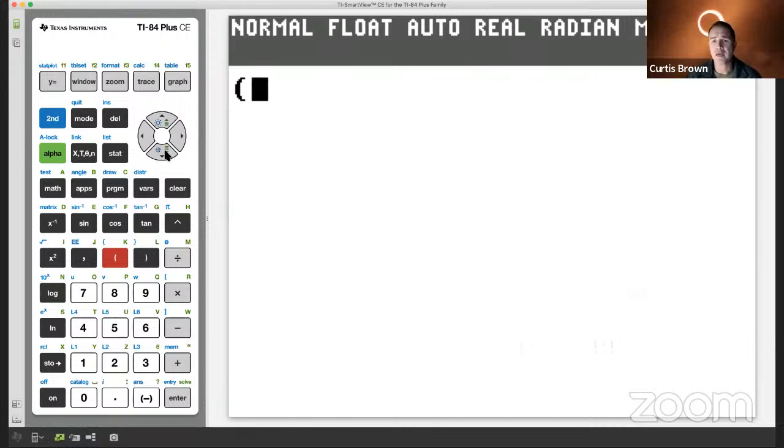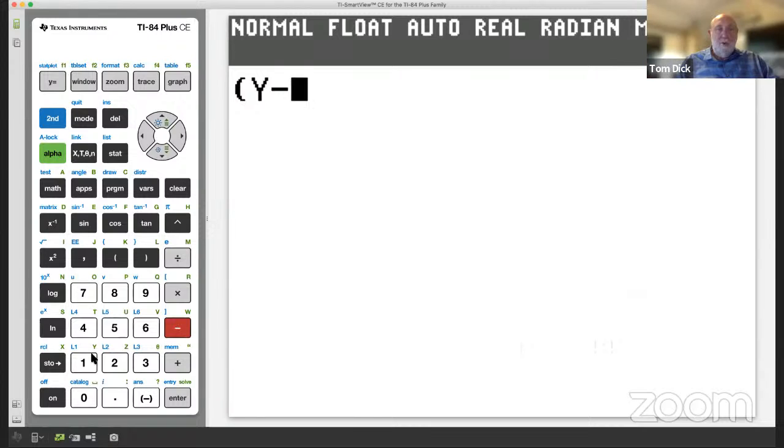So the difference in the y's, you could do y minus 1. So just do an alpha y. The last value that was in y will be stored in y, minus 1, which was our starting y value.